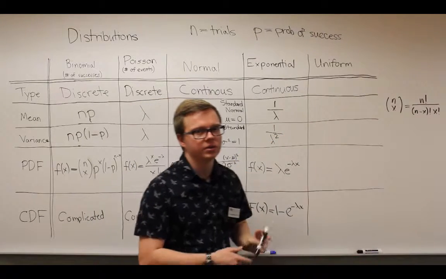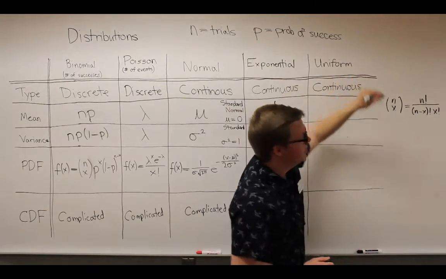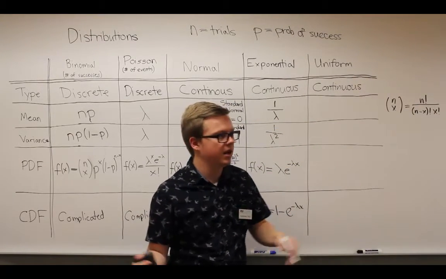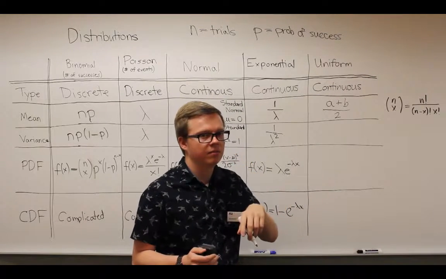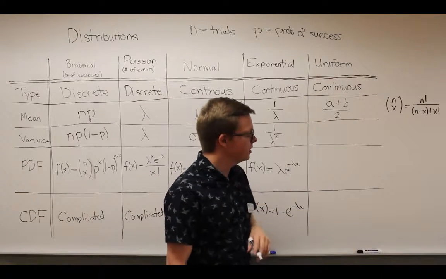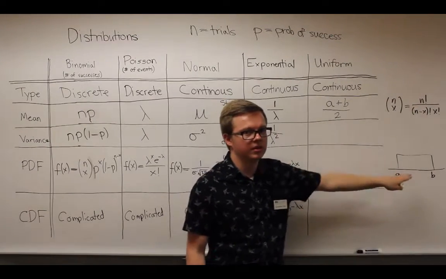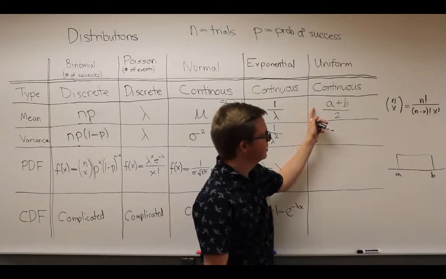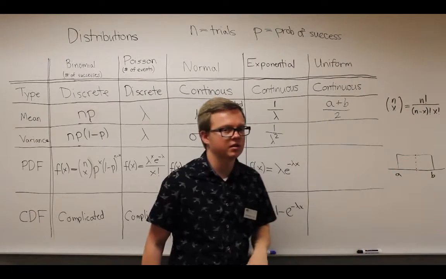We have one more we're going to go through. It's the uniform distribution. It's arguably the simplest one. It's a continuous distribution, and it's defined by an upper and lower bound, say A and B. The probability density function, as we'll see, is a constant between those values of A and B. So this is the probability density function of a uniform distribution between A and B. The mean is, you'll notice, the midpoint between A and B, which is not too surprising.